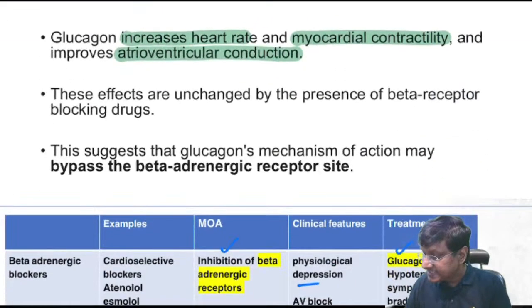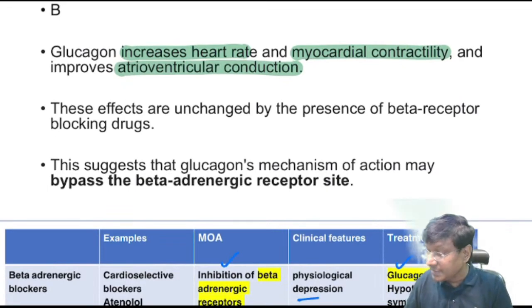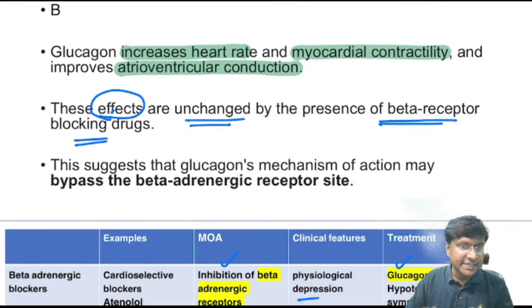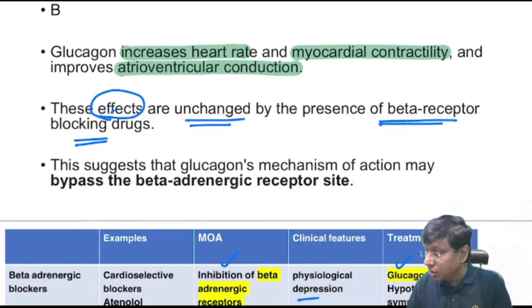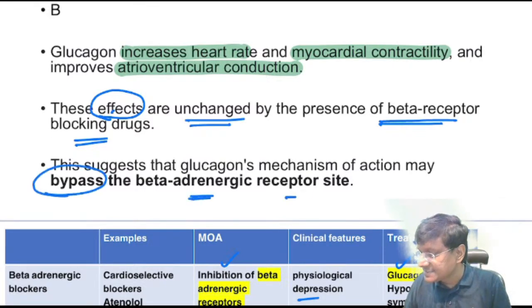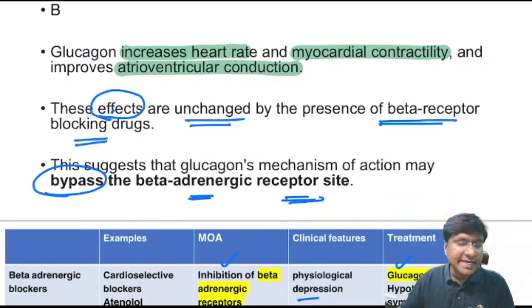That is because the glucagon effects are unchanged by the presence of beta receptor blocking drugs. Even though there is cardioselective blocking activity, glucagon will bypass the beta adrenergic receptor site, and thereby it increases the heart rate as well as myocardial contractility.